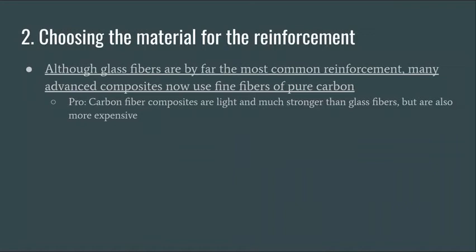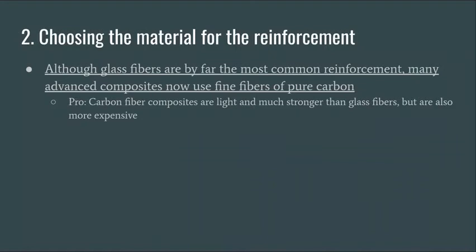Glass fibers have been used for a long time, and they're the most common reinforcement, but as many of these advanced composites have come about, like all the aerospace things that I made you watch videos on, those have introduced using carbon for a reinforcement. Carbon fibers are good because they're very light and much stronger than glass, because glass can break very easily. But carbon is much more expensive than glass, and they have to think overall, is it better for it to be expensive or more durable?